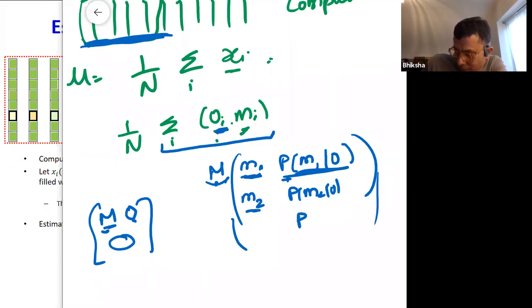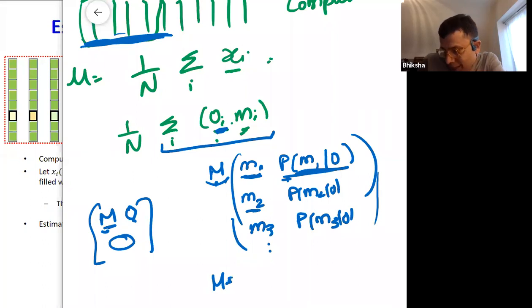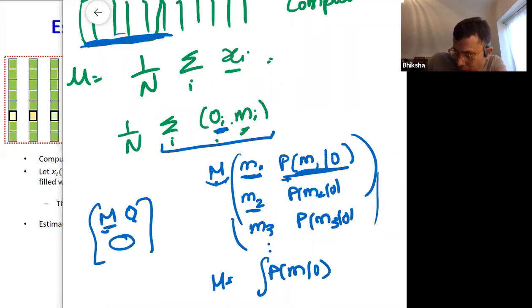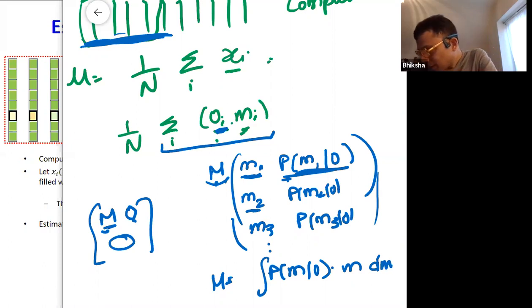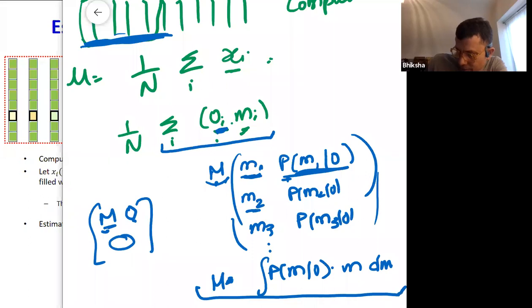P of m3 given O is the fraction of this block that took the value m3, and so on. So I can write this generally as 1 over m. It's actually an integral, but it's an integral of P of m given O times m. Yeah, right? So did this make sense to you guys? Questions?